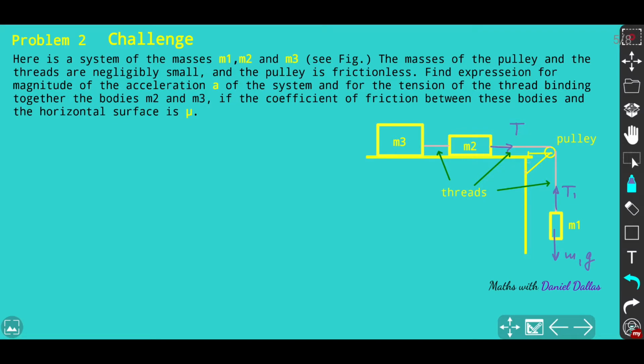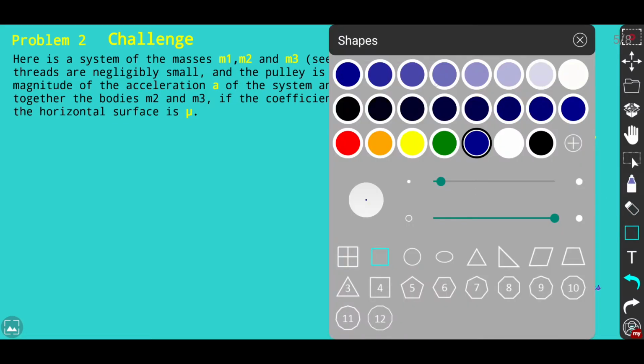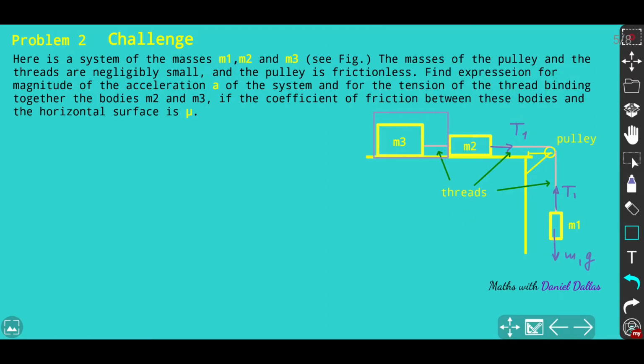My idea is to combine both objects M3 and M2 into a single one, so we can consider as if there is a total object with the mass M3 plus M2, where we have tension force T1.